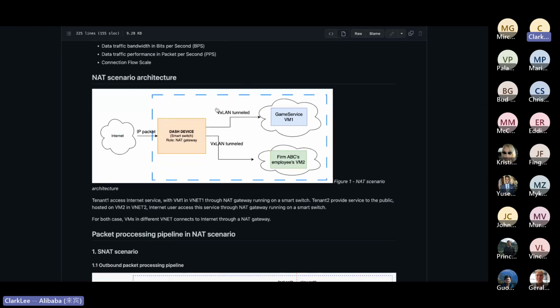And then I added some labels here denoting that the packets between the dash device and the VM are VXLAN tunneled packets, and the internet traffic is IP only. And this role of the dash device is acting as the NAT gateway. This is the first change.